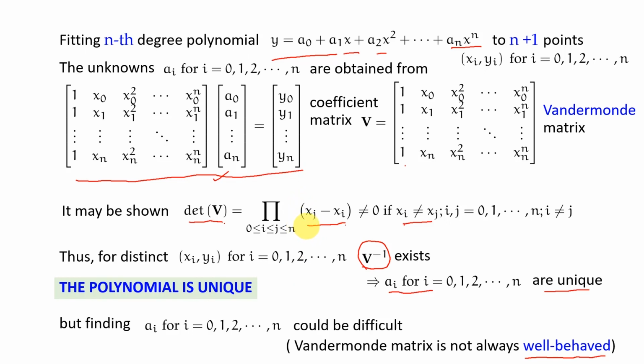For example, if xj and xi are close to each other, then the determinant will be small and the matrix will go very close to a singular matrix. In such a case, the matrix will behave in a very unstable manner, which means that a small noise in the matrix elements will bring a large noise in V inverse, which means that my calculation of ai could be off to a great extent.